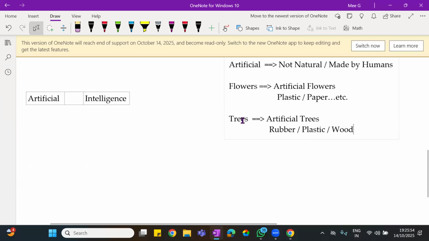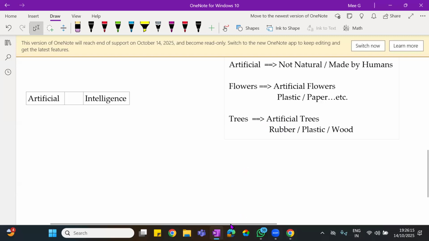Now, the difference between them is this is a natural one, and this is an artificial one. The natural one will take in carbon dioxide, release oxygen, and perform photosynthesis and all those things. Here, nothing like that happens. This is only for decorative purposes. Okay, hope you got it.